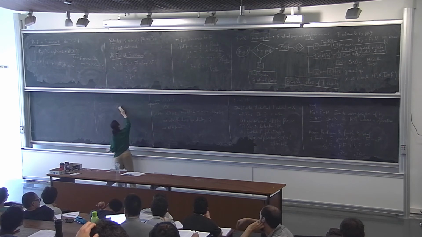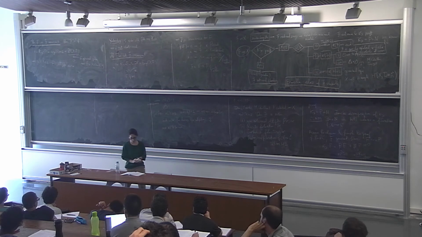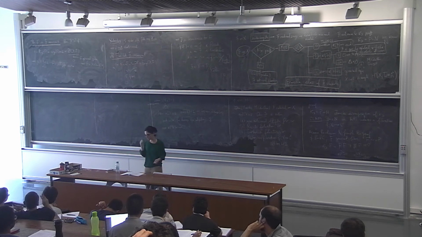I guess this would imply that the upstairs is clearly of general type, and then downstairs will also be of general type, a quasi-finite quotient of something of general type.